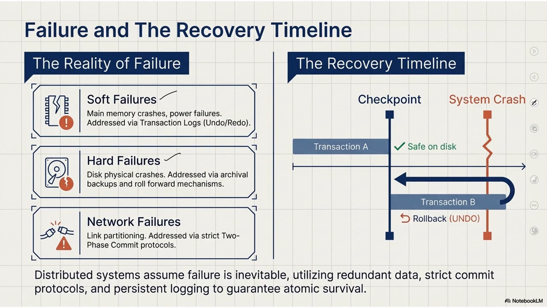And hard failure: the disk physically crashes, handled by archiving backups and a roll-forward mechanism. And network failure: link or partition failures, addressed via the two-phase commit protocol. These kinds of failures are possible in a distributed database system.